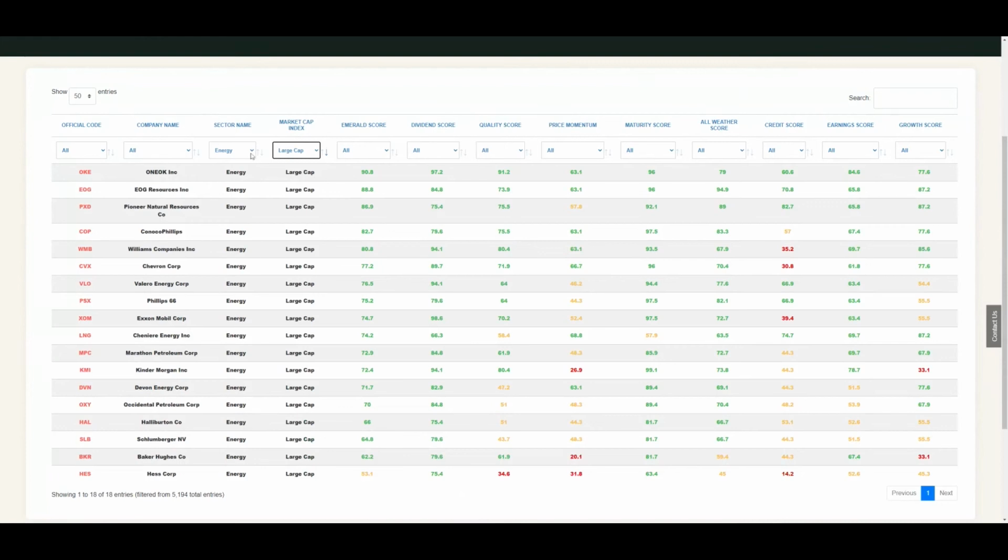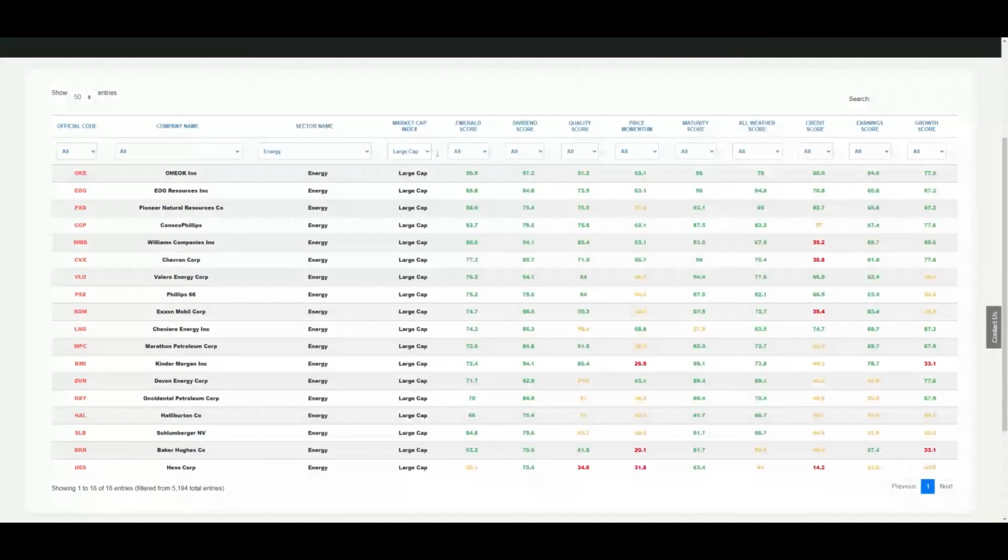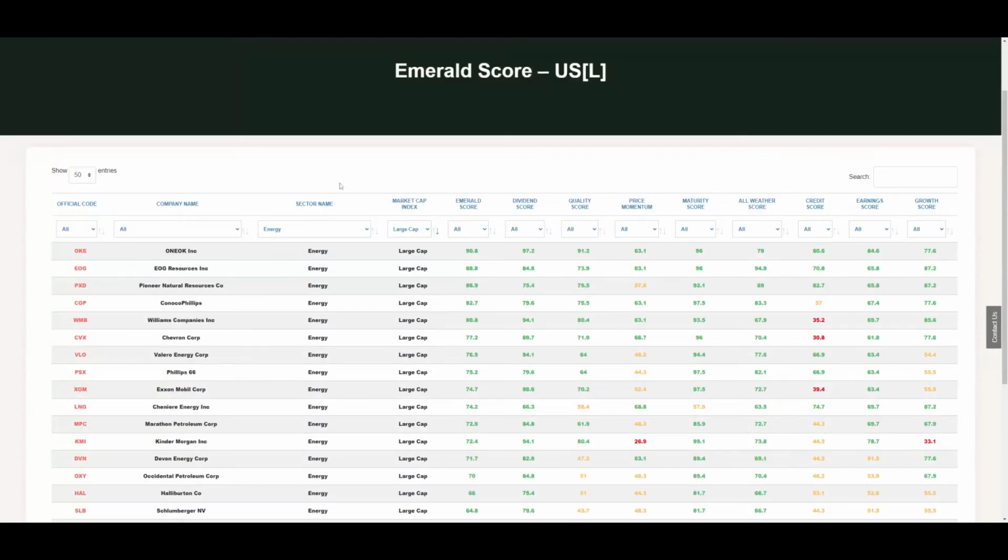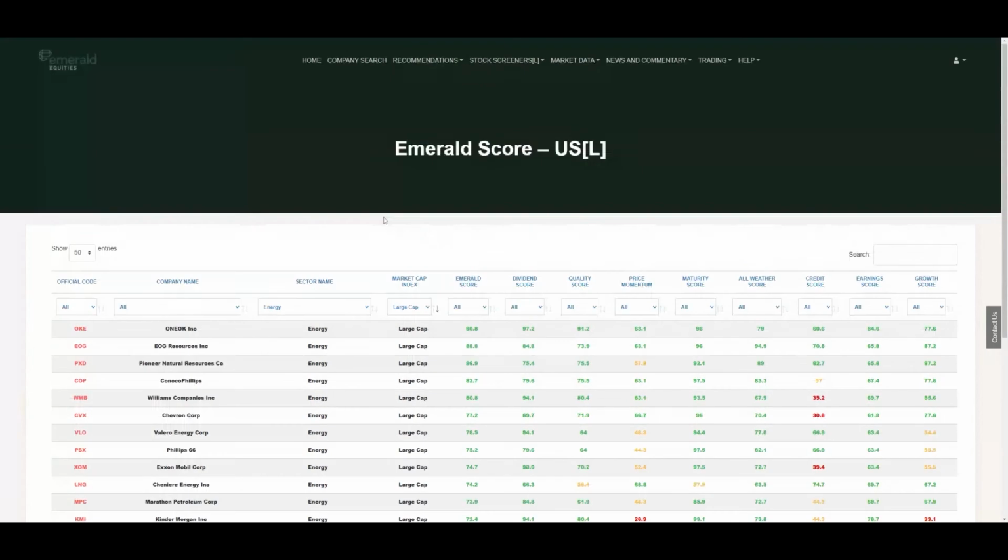Oh, sorry, in this case, the large cap US energy stocks. So we can see that OKE is our highest scoring US large cap energy stock, and we can click on it, bring it up in another tab, and get a bit more information on it. All right, so that is our stock screener.